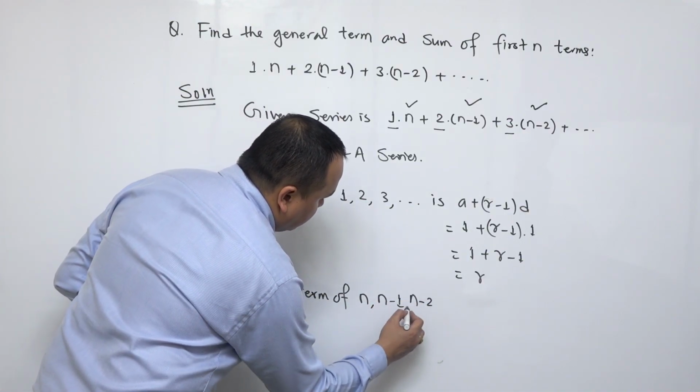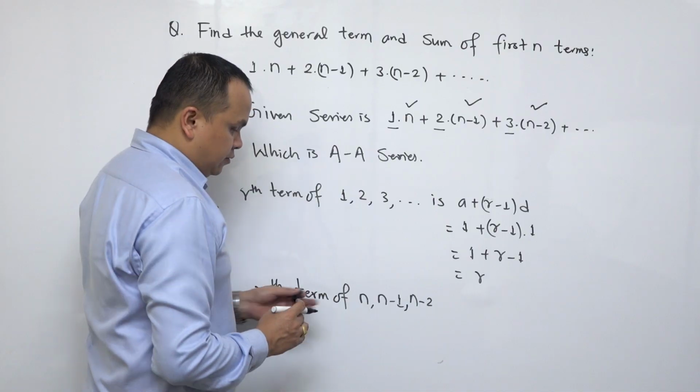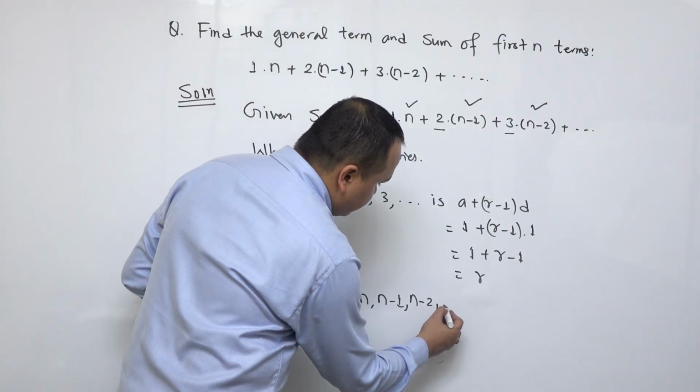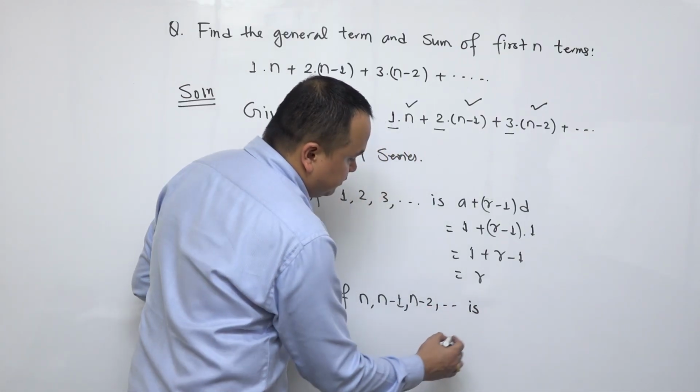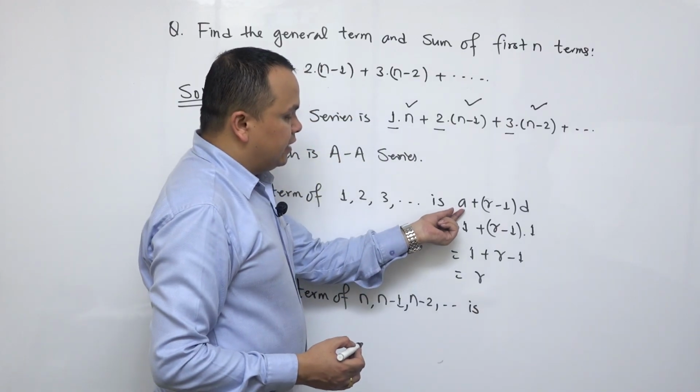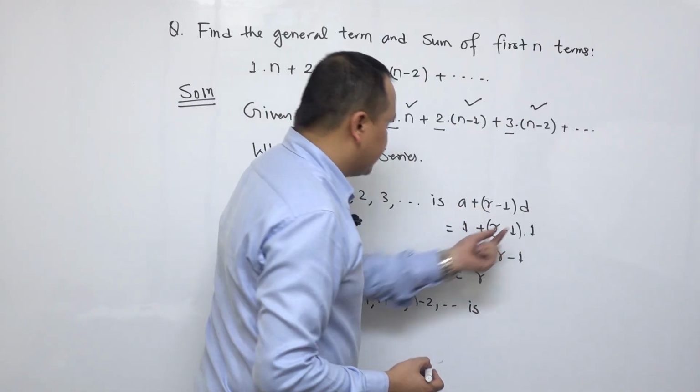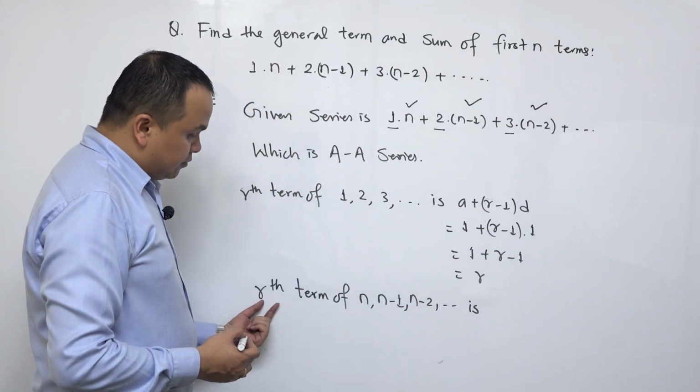n minus 2, n minus 1, n minus 2, and so on. Is again formula a plus r minus 1 times d, because here rth term.